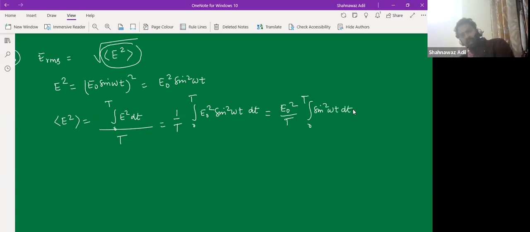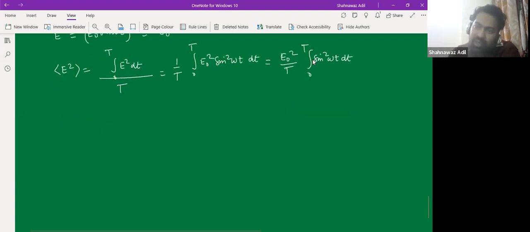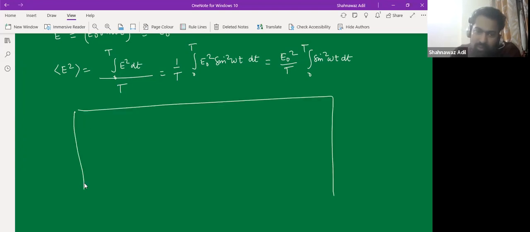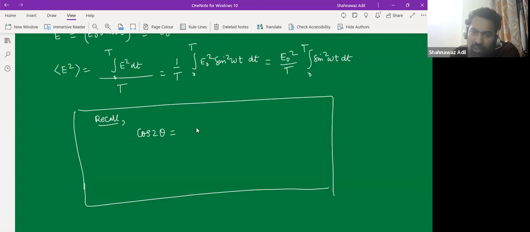We will use a trigonometric identity that relates sine square with something else. What we have to recall is that cos of 2 theta is 1 minus 2 sine square theta.